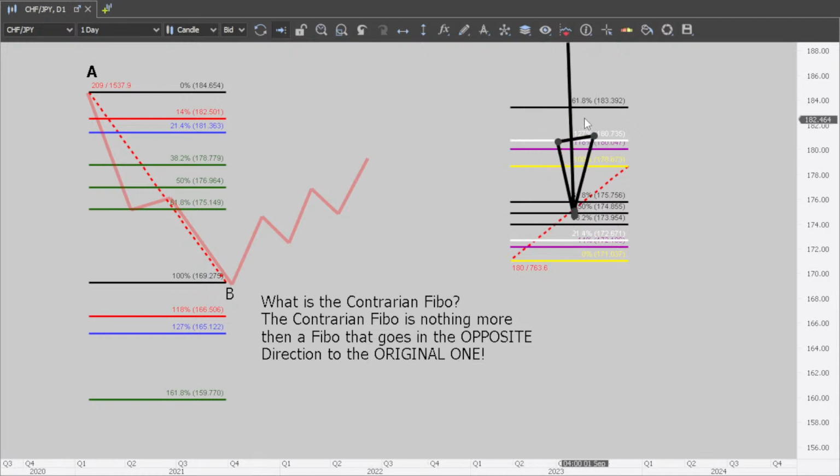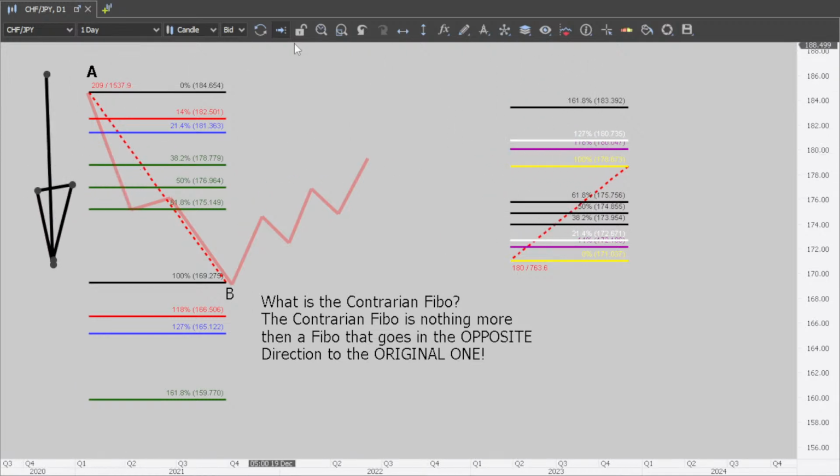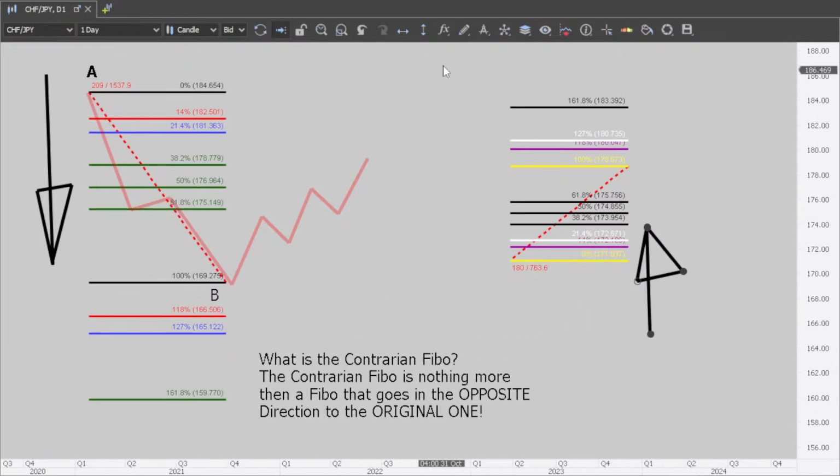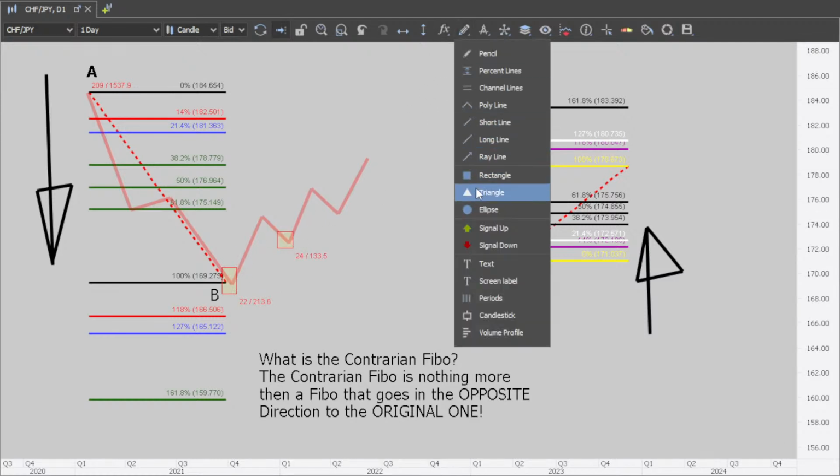So if the original is going down, the Contrarian is going to go up, right? Just a very simplistic approach. So if this is a down sequence, everybody, and this is the Contrarian, should I start drawing the Contrarian at the first rectangle, the second rectangle, or the third? Which one?